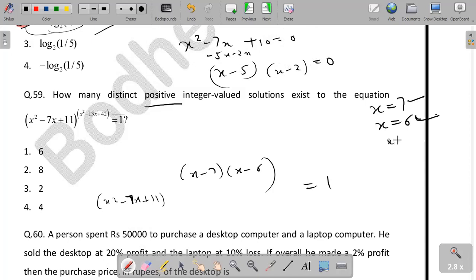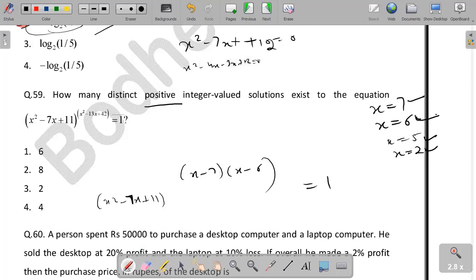So (x minus 5) and (x minus 2) also give solutions. तो x is equal to 5 और x is equal to 2 भी एक सॉल्यूशन होना चाहिए. Now this can be -1 also. So if this is -1, then here 12 will come, this should change into 12. So now I would break the equation like x square minus 4x minus 3x plus 12 is equal to 0. So (x minus 4) and (x minus 3) is equal to 0.